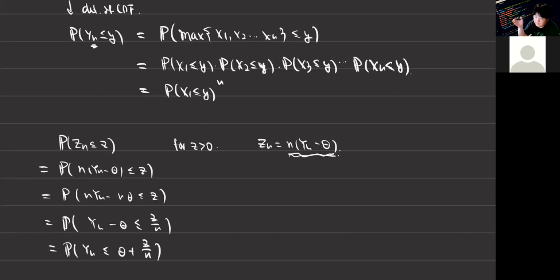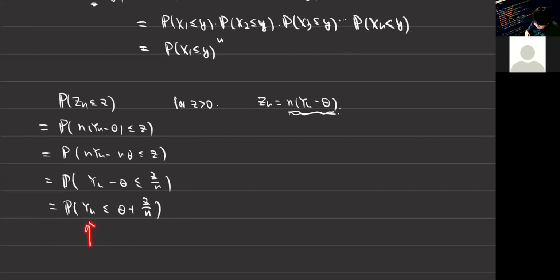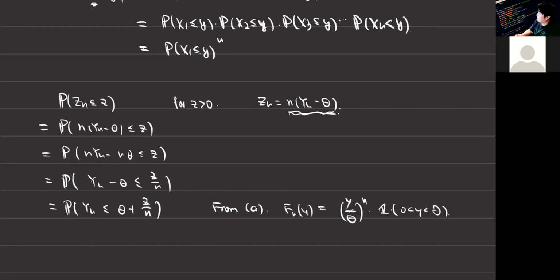Now I have everything I need, because this is Yn, and from part A the CDF of Y is (y over theta) to the power of n. Make sure you have the range, and this is 1 if y is greater than or equal to theta.